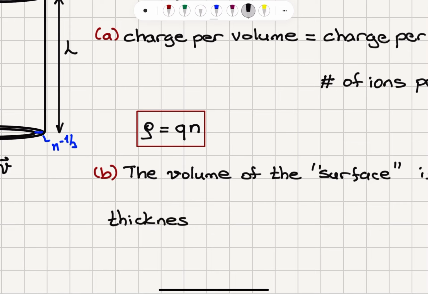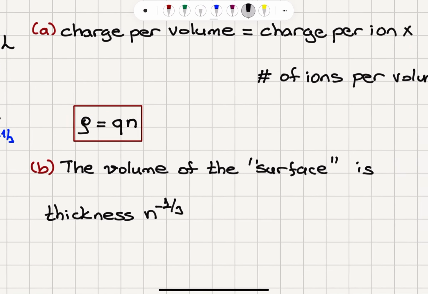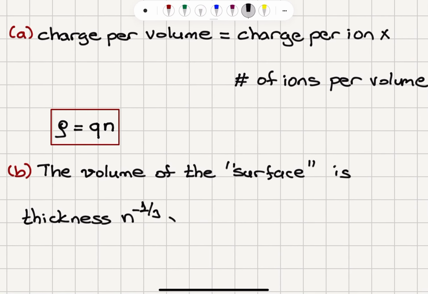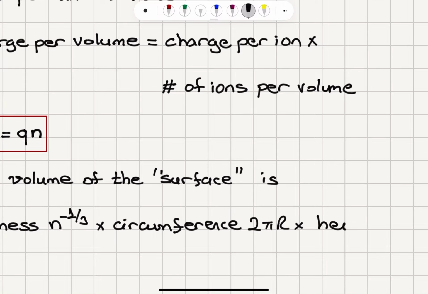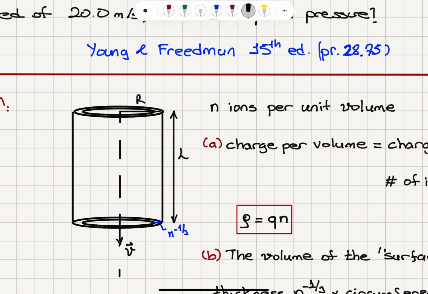Thickness is given as n to minus 1/3 multiplied by the circumference. The surface area basically is circumference 2 pi r multiplied with height. Height is capital L. So if I multiply 2 pi r, the circumference, with the height capital L, I will find the surface area.